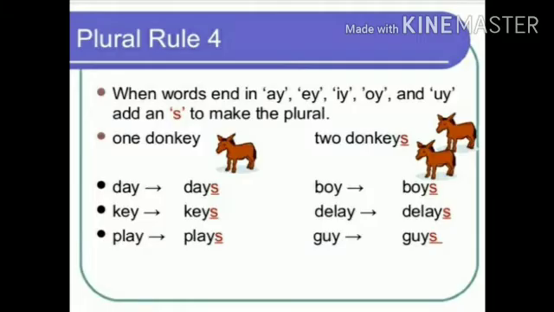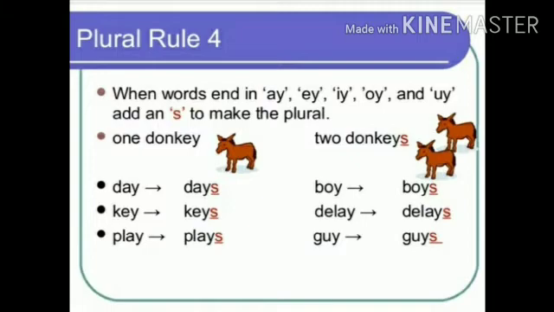Now rule number 4 says that if there is a vowel before y, then we will simply add s to change the singular nouns into plural. In the words day, play, delay, we see there is vowel a before y.